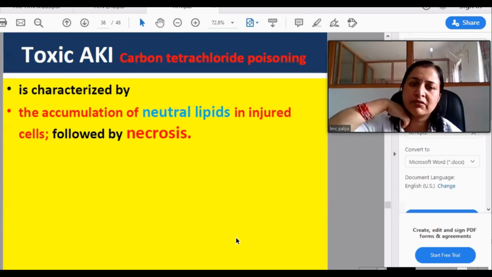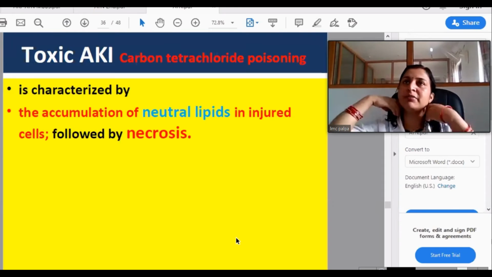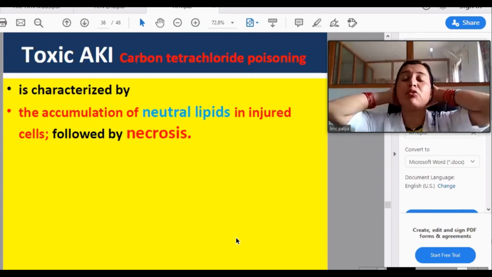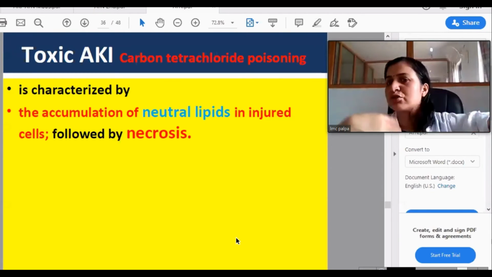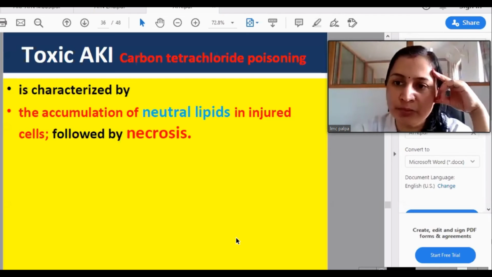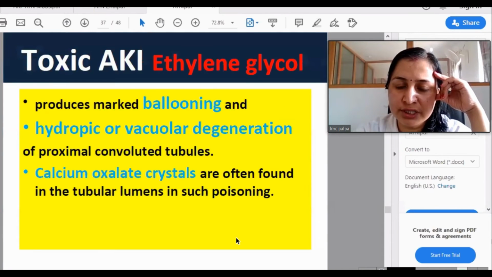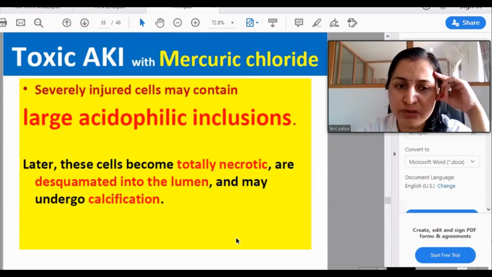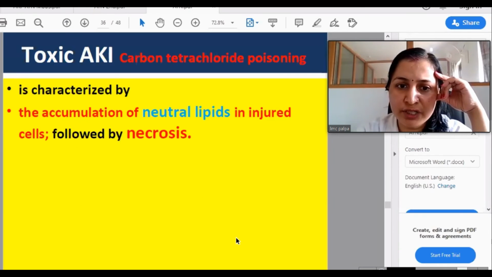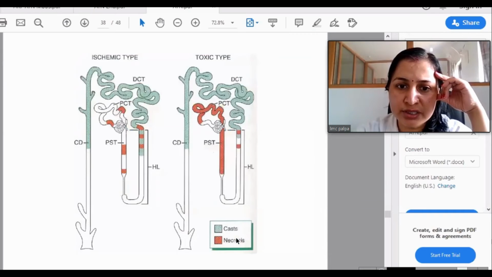So in toxic, you can add toxicities by drugs, by radiation, and the poisons people ingest for societal purposes or industrial exposure. Some of them are mercuric chloride, carbon tetrachloride, ethylene glycol. You don't need to remember the individual causes. Overall, there are eosinophilic inclusions, necrosis, all these things.